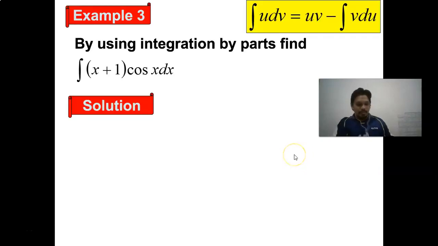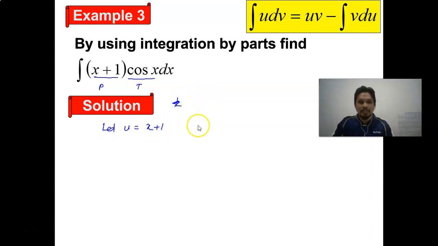Okay, this one here now is between x plus 1, which is polynomial, and then cos x dx stands for trigonometric function. So let u equal to x plus 1 and dv equal to cos x dx.